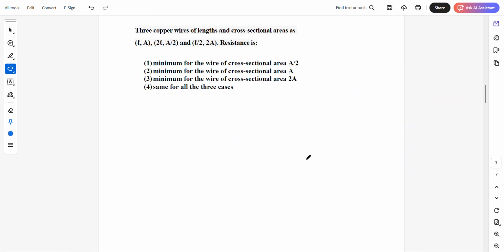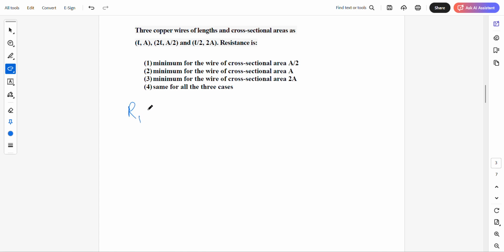Let us see the next problem. 3 copper wires of lengths and cross-sectional areas as given. You have been given 3 copper wires. First we'll see R1.